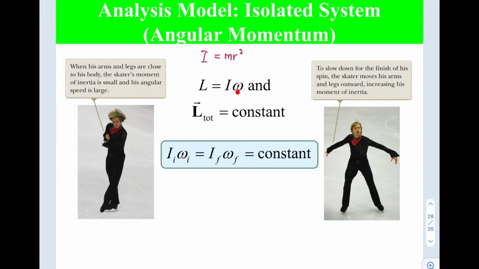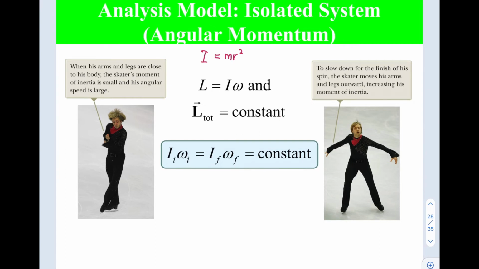Consequently, when the I is reduced, the omega will be bigger to maintain the L. So that is why the skater seems higher in omega, more frequently rotating.